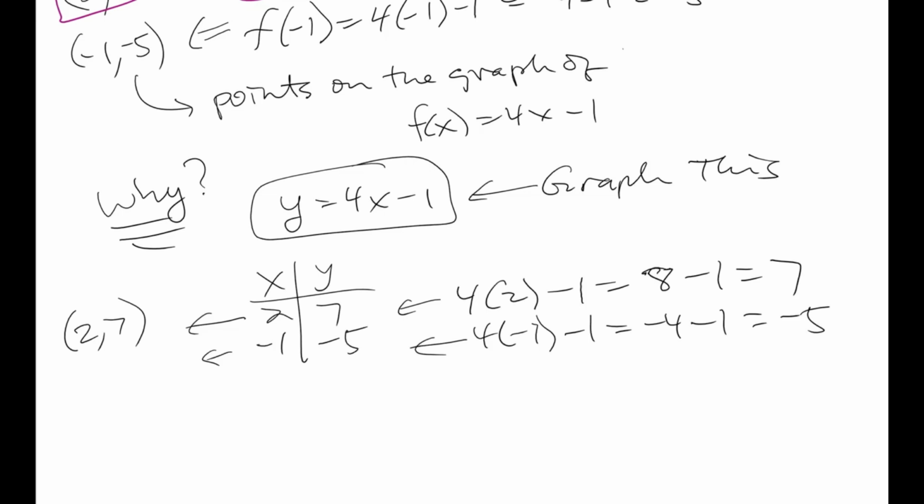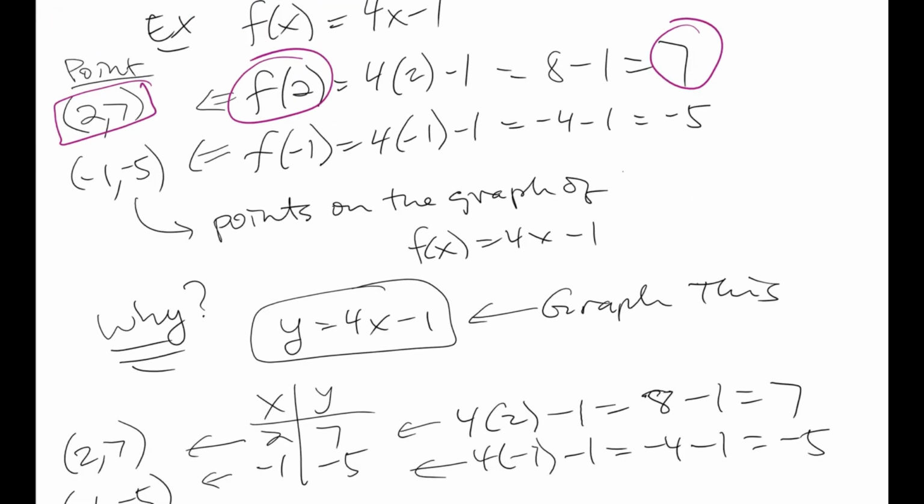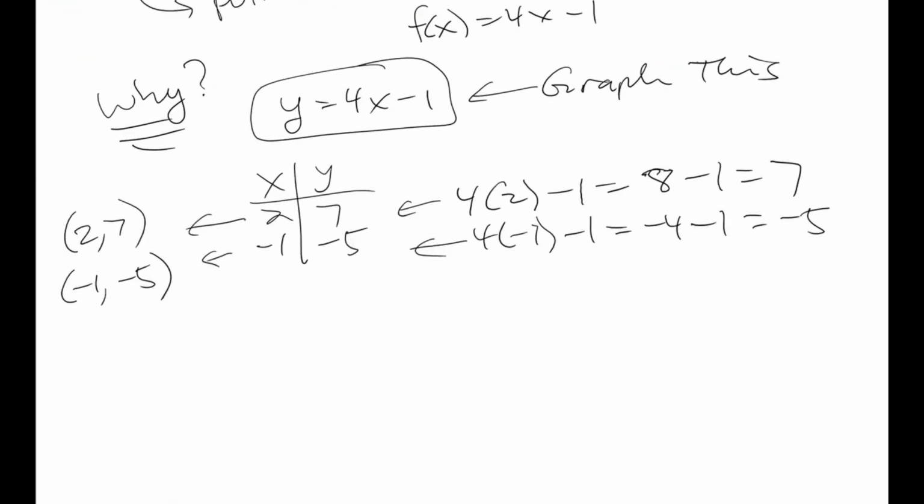So this means that (negative 1, negative 5) is a point on the graph. And same thing here, f of negative 1 gave me negative 5. So (negative 1, negative 5) is a point on the graph. All right, so it's real helpful if you know that.